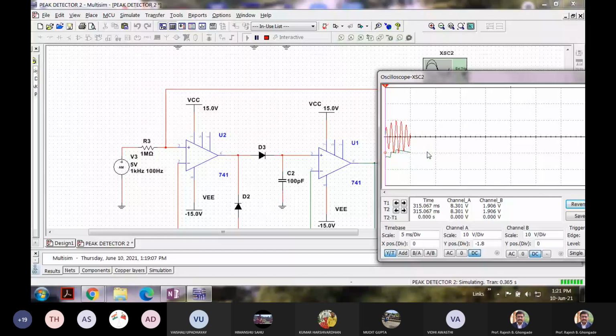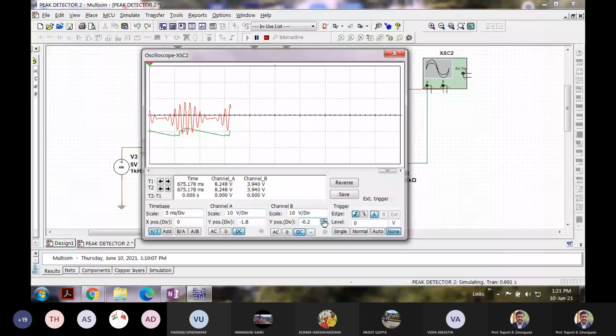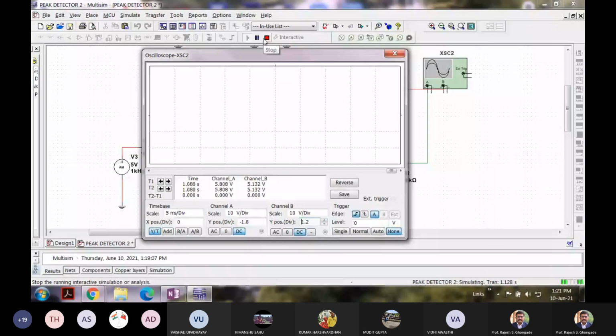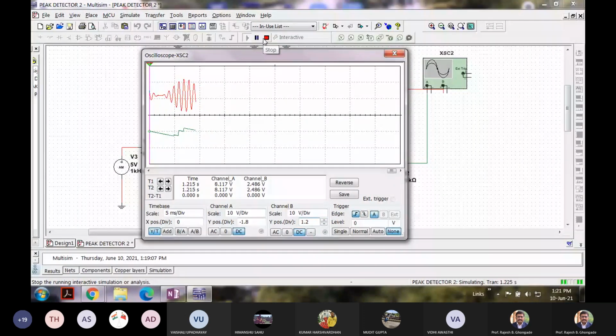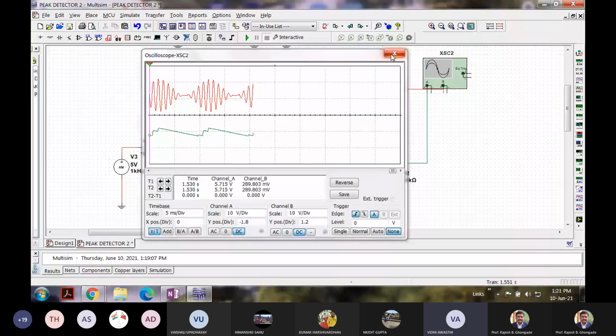The green trace is the peak. So that is the demo for your peak detectors. Most of the time, these peak detectors are used for demodulating the amplitude modulation. You must have studied this in your analog communication course, right? Now let me go to the sample and hold circuit.